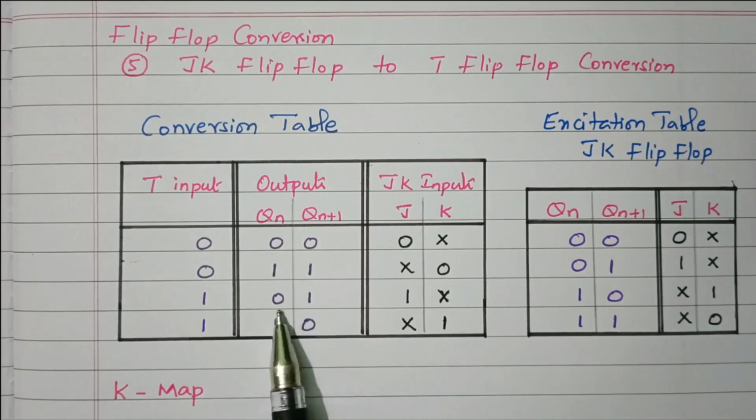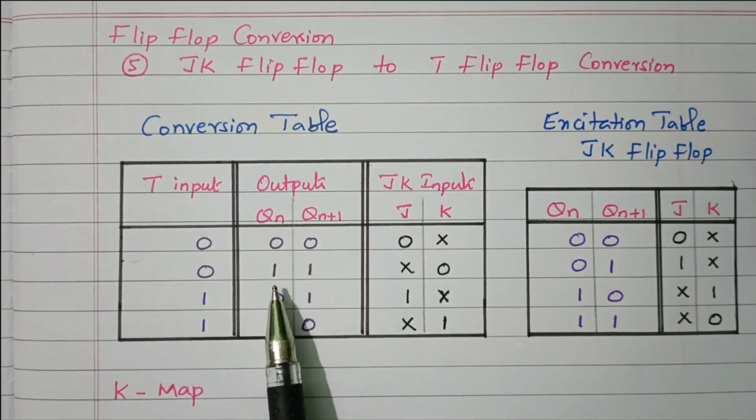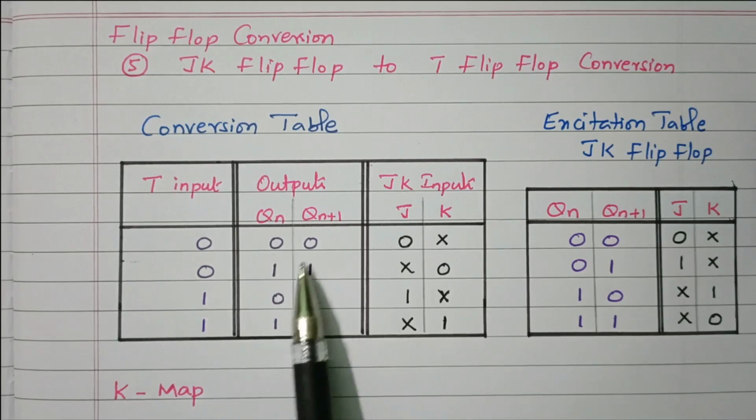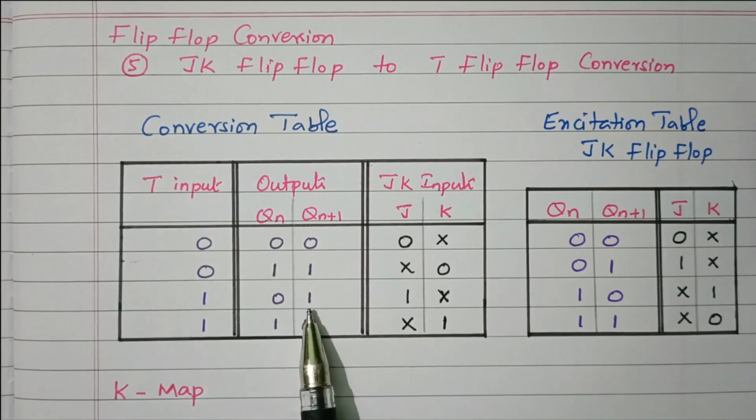Toggle: the output will toggle if T is 1. Similarly, T is 1 and present state 1 means the next state is 0. So it is very simple. T input 0 means no change: 0 0, 1 1. If T equals 1 means toggle: 0 becomes 1, 1 becomes 0. So that is the nature of the T flip-flop.